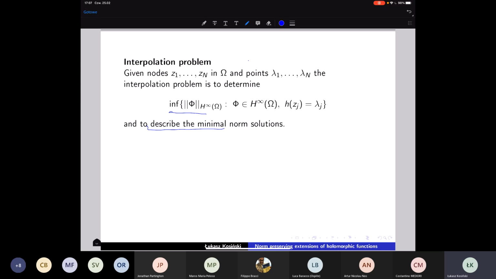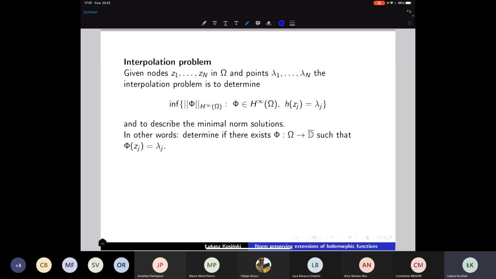So if we denote this constant by t and divide lambda j by t, then h divided by t will map omega to the closed unit disk.